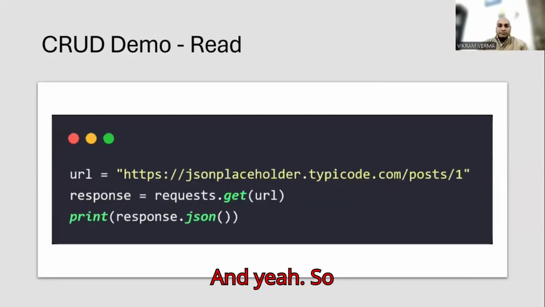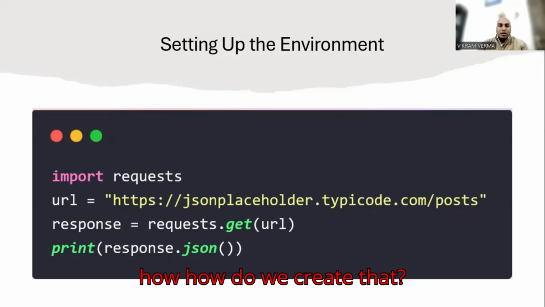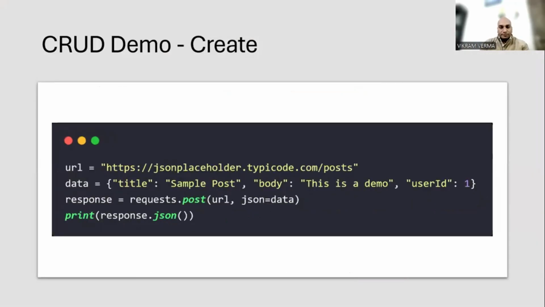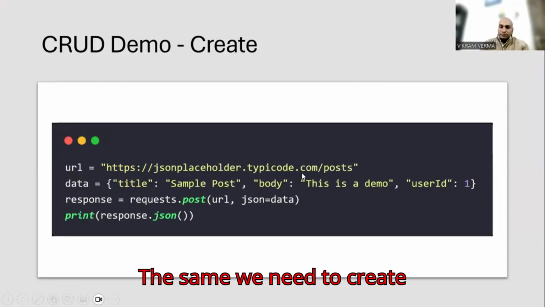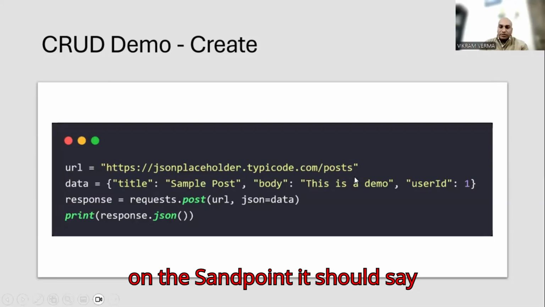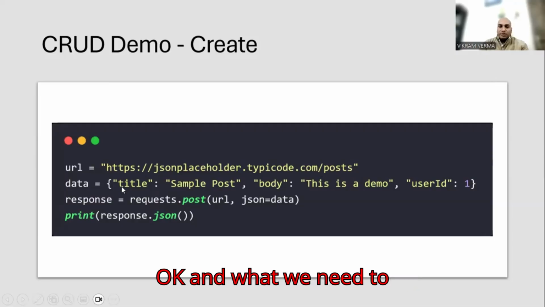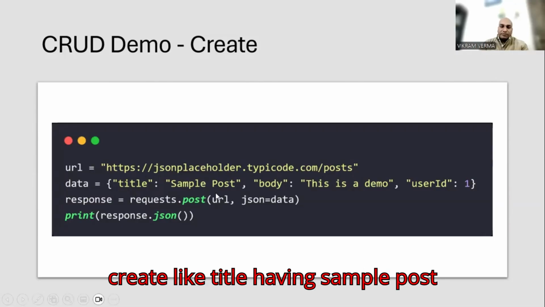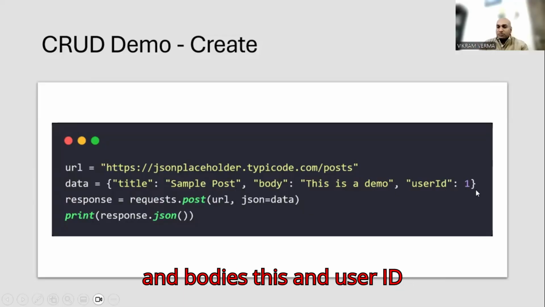And yeah, so how do we create that? The same way, we need to create a post on this endpoint. And what we need to create is a title, having sample post, a body like this, and user ID 1.